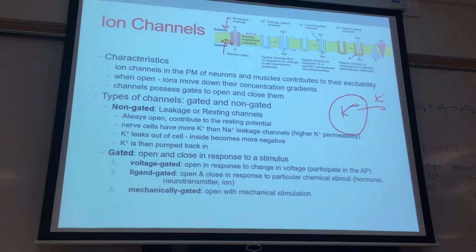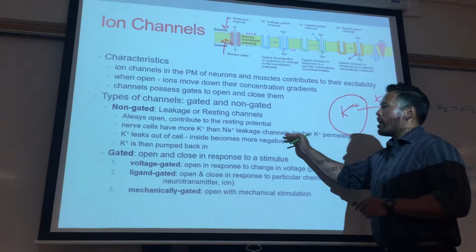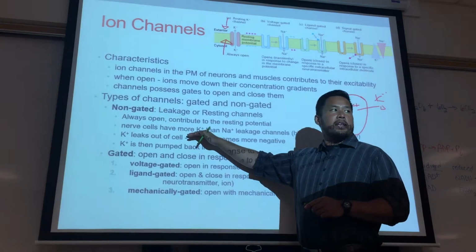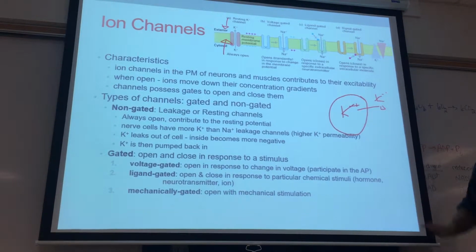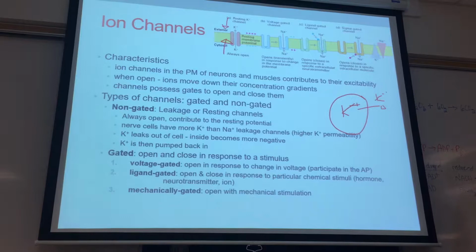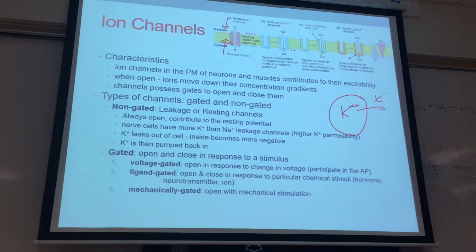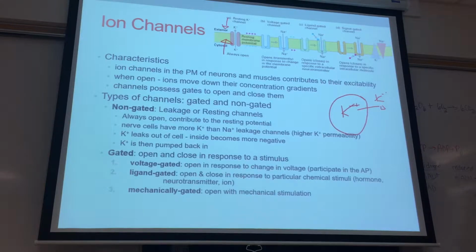And when we talk about leaky channels, we have more potassium leaky channels than we have leaky sodium channels. So that we'll talk about in just a little bit. Now, the question is, how do we get potassium back into the cell? And that we'll answer in just a little bit.